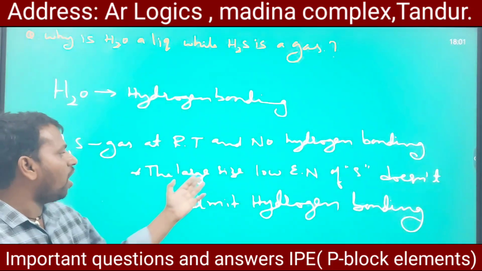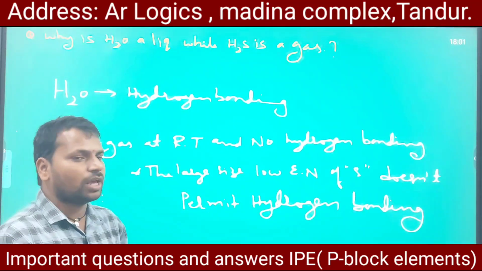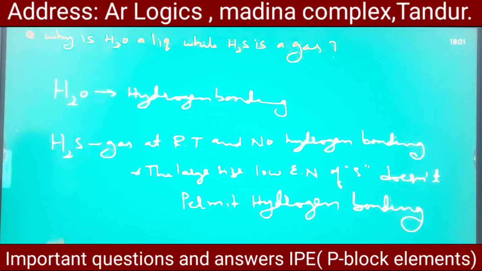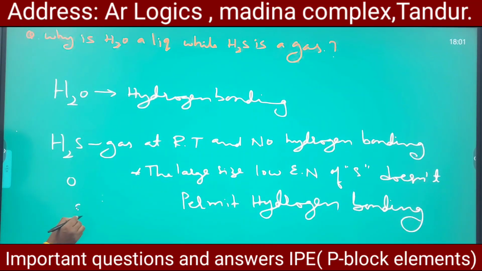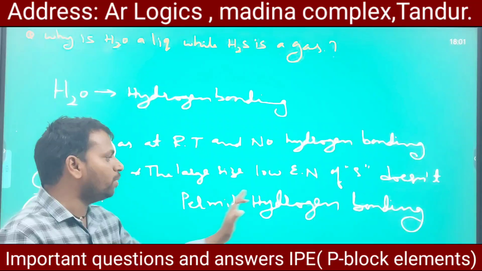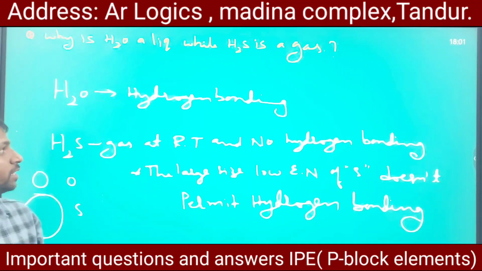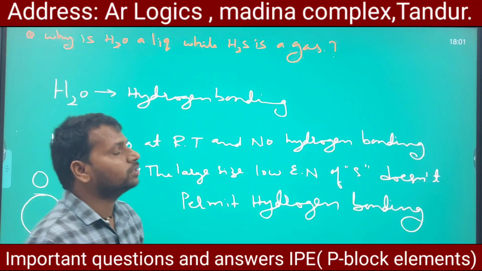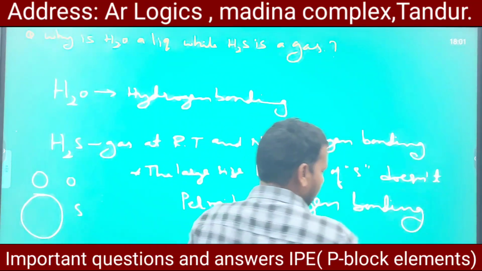The large size and low electronegativity of sulfur do not permit hydrogen bonding. Here oxygen is the central atom in one, and sulfur in the other. This is the oxygen size, this is the sulfur size. So the large size and low electronegativity of sulfur do not permit hydrogen bonding. That's why H2O is a liquid and H2S is a gas.